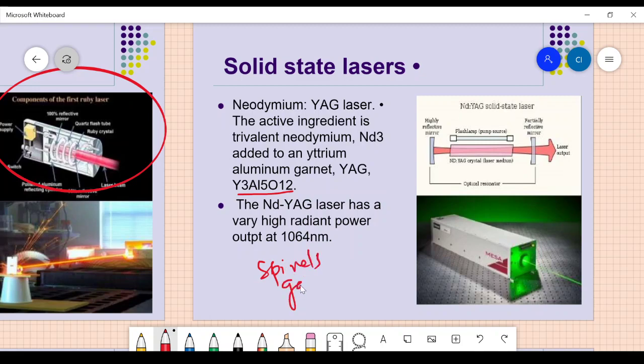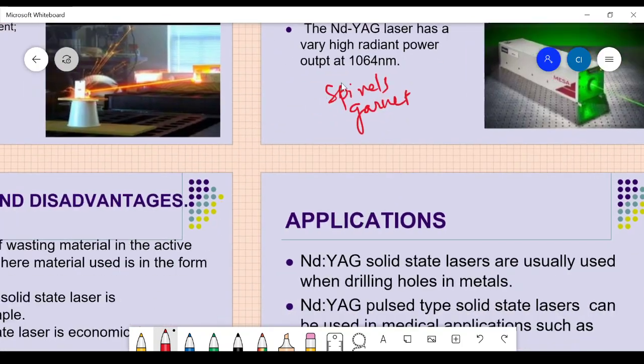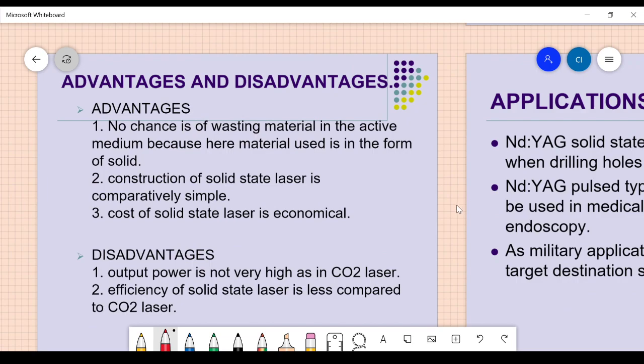Spinels and garnets are minerals that are available naturally and have similar properties, but garnet has the special property of not absorbing the lattice light. So this structure is repeated here. You have to draw this structure and explain the terms used in solid state lasers.